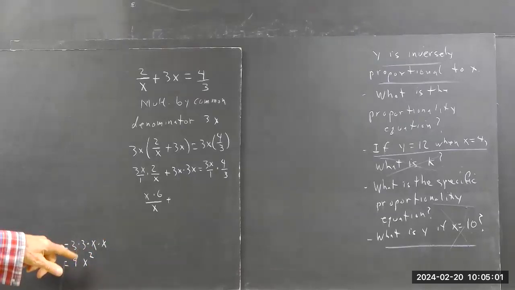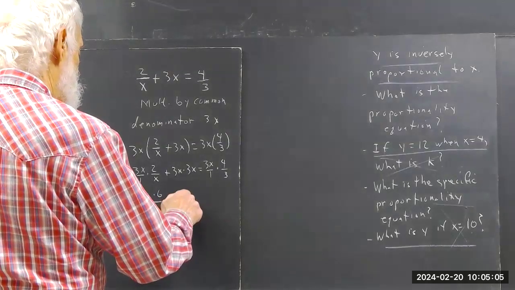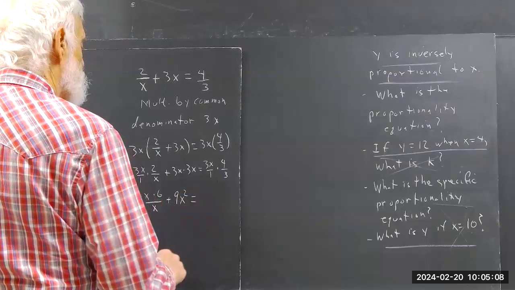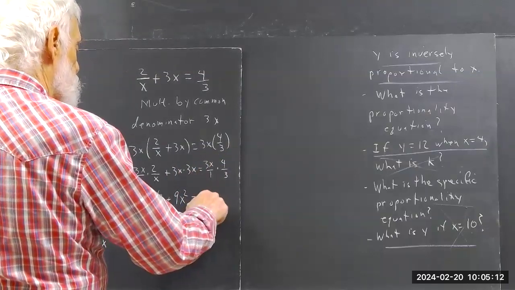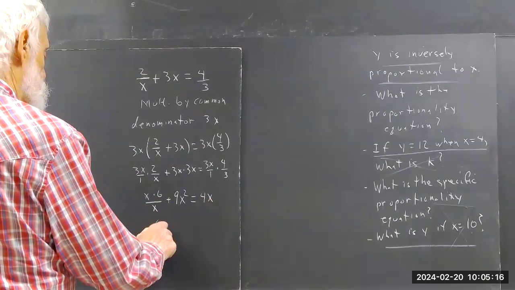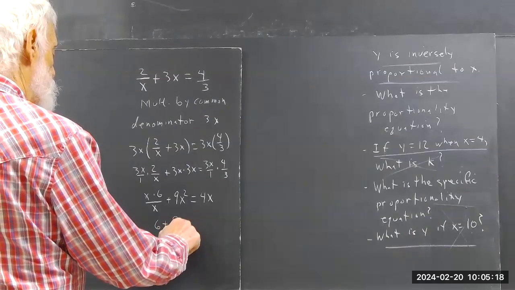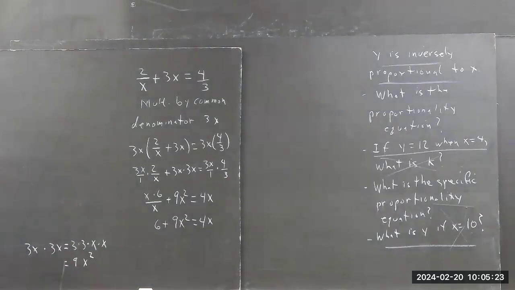You've got 9x squared. Now, 3x over 3 is just going to give us x, and it's going to give us 4x. I'm not going to go through the details of that analysis, but we get 6 plus 9x squared equals 4x. Okay, can you solve that for x?